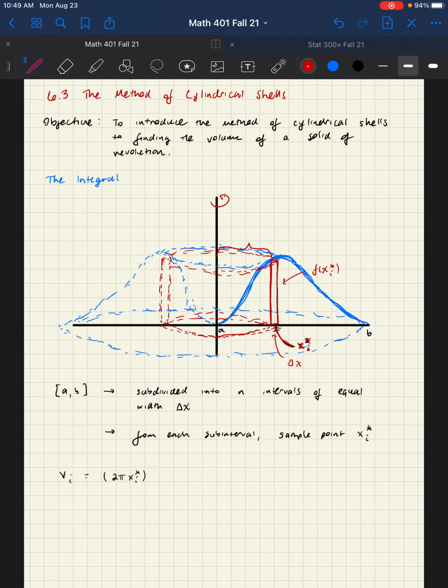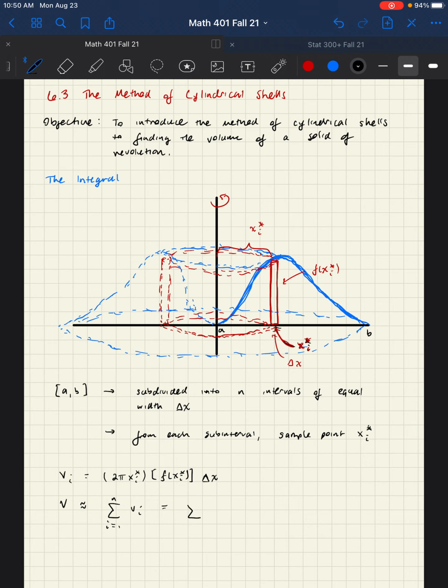Well, that's the radius of this shell. And then we multiply that by the height and by the thickness of the cylindrical shell. We know that the volume is approximated by the Riemann sum of these v sub i.